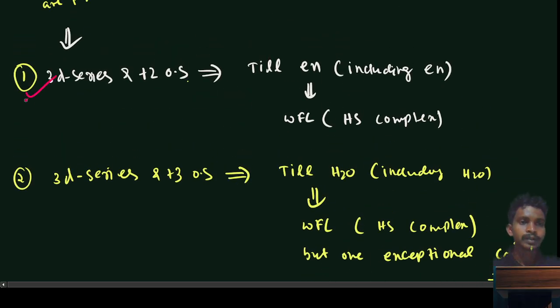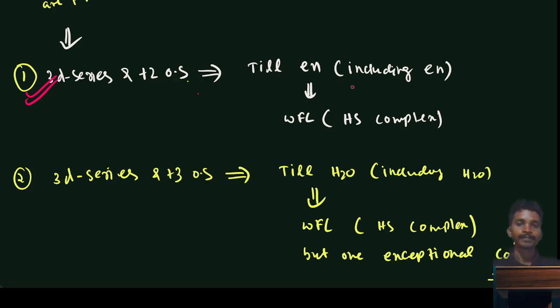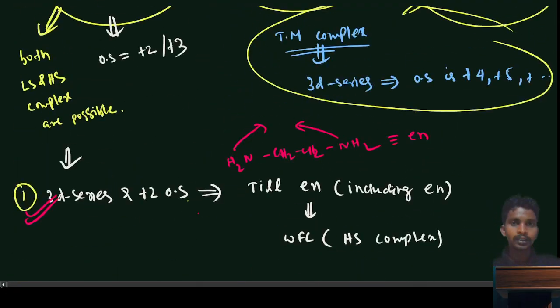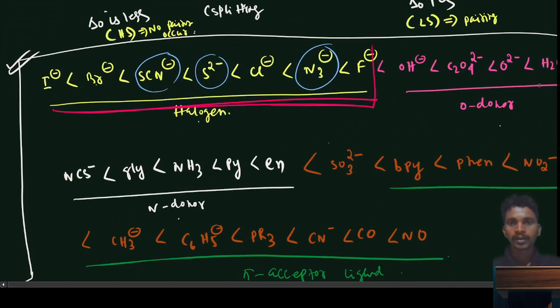First point: for plus 2 oxidation state, till En. En means you know that ligand, that is we have CH2 NH2, this type of group. So here this is En. In the spectrochemical series, for plus 2 oxidation states, till En means up to here.